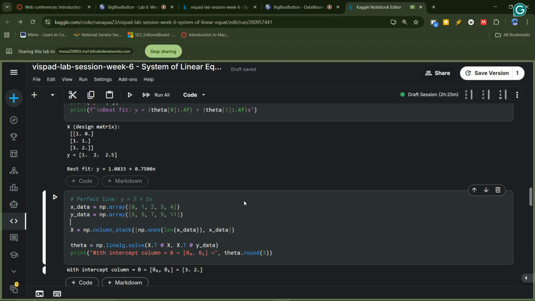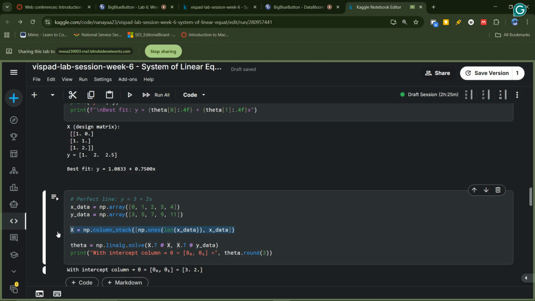So we introduce an intercept term to be 1, 1, 1. So you realize over here we just did x underscore data, just this. And that is where this comes in. This particular line of code that I've highlighted, that is where it comes in.